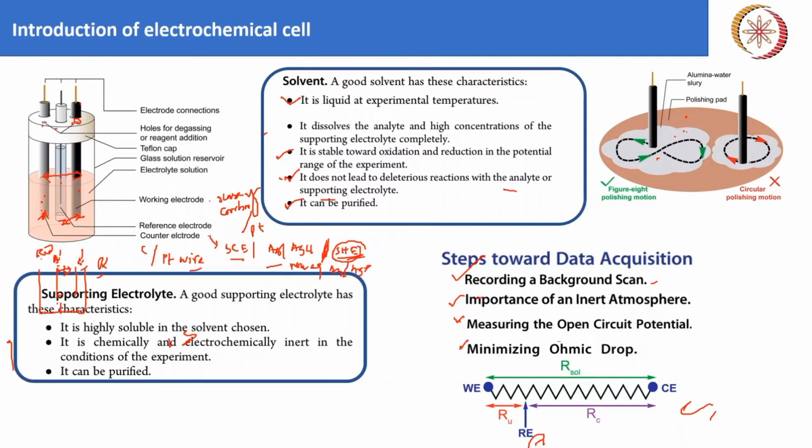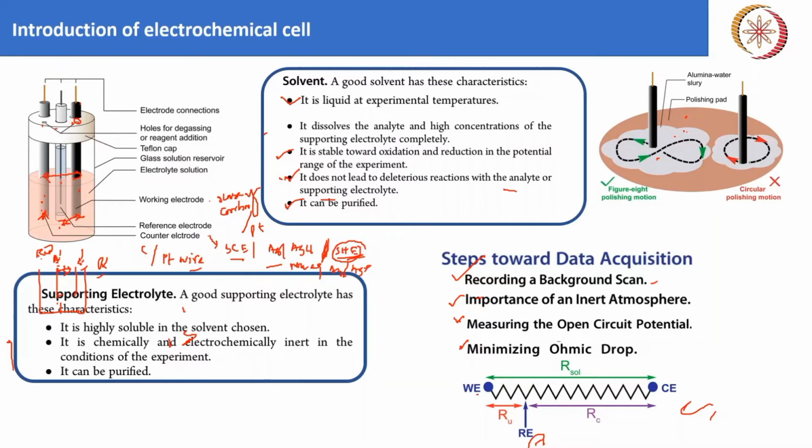Another one is minimizing the ohmic drop. When you are measuring the potential between the reference electrode and the working electrode, there is some solution resistance between the working electrode and the counter electrode.